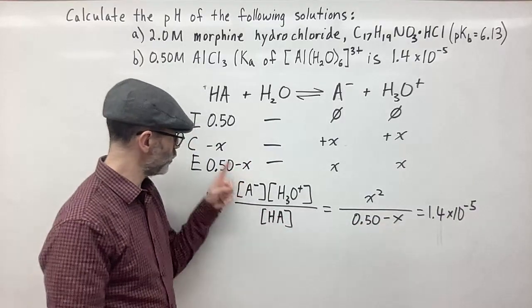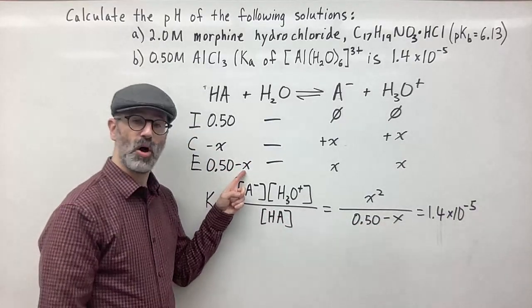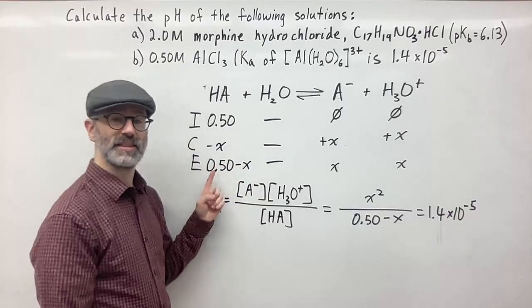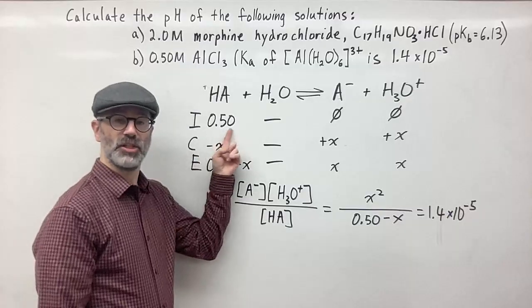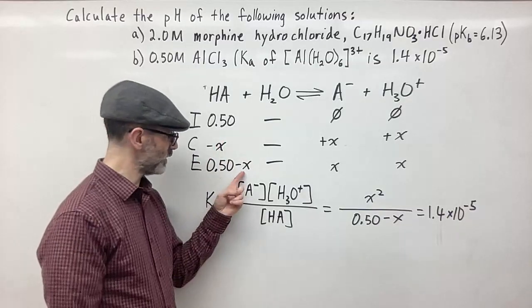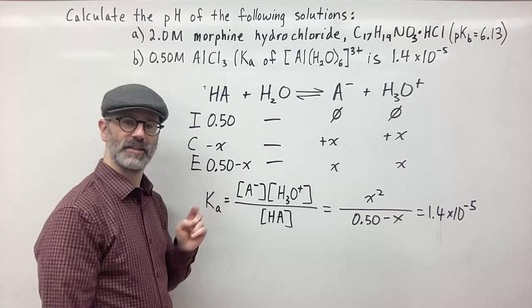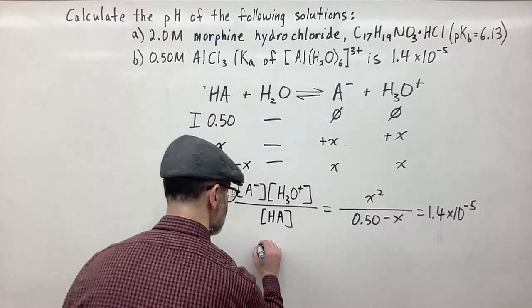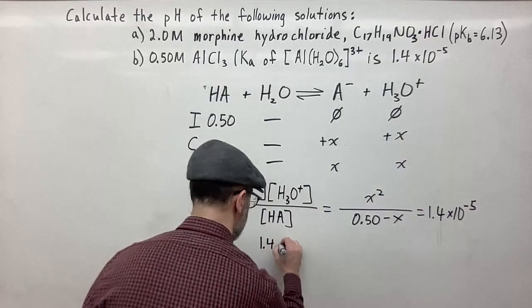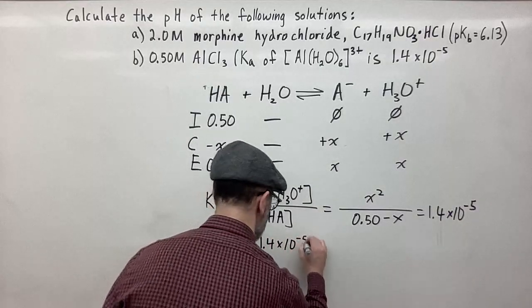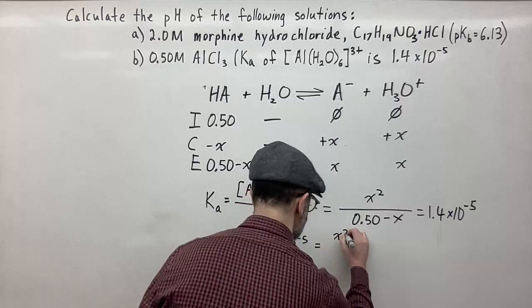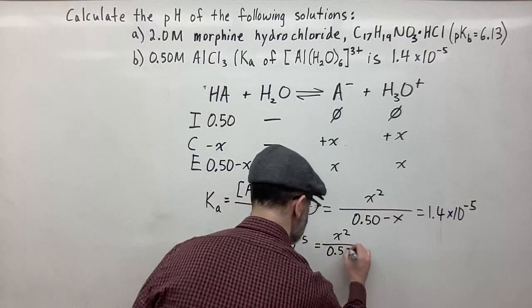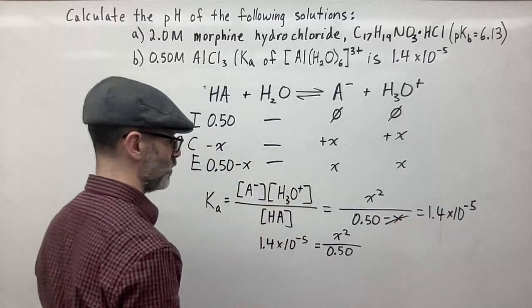This change is so small that the equilibrium concentration here will be the same as the initial concentration, because subtracting x is really not going to affect that value. So then we can rewrite this as 1.4 times 10 to the negative 5 is equal to x squared over 0.50, because we got rid of the x there.